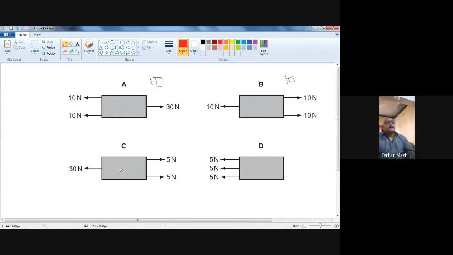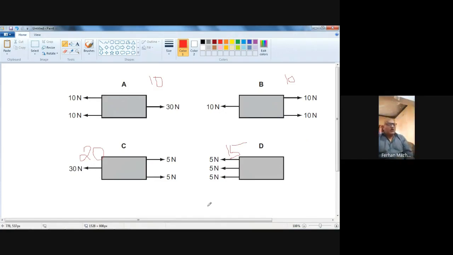Here in the C diagram, 10 Newton force is towards right and 30 Newton force is towards left. So the resultant here will be 20 towards the left side. In this diagram, all the forces are towards the left and their resultant will be 15 Newton. And that will be towards the left.